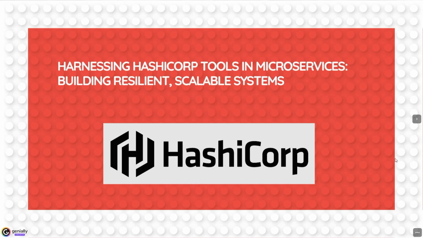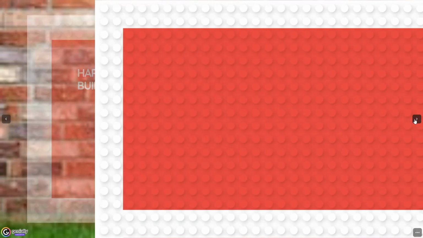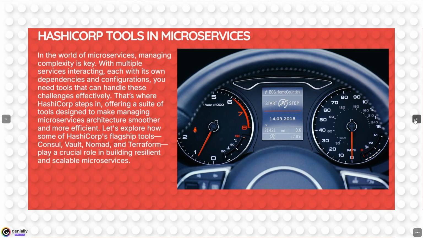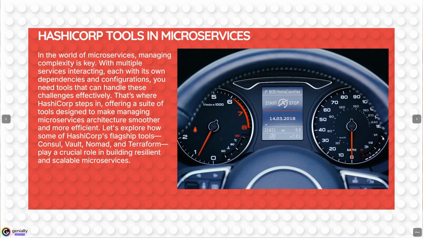In this video, we are going to talk about HashiCorp in microservices. So let's take a look at HashiCorp tools in microservices. In the world of microservices, managing complexity is key. With multiple services interacting, each with its own dependencies and configurations, you need tools that can handle these challenges effectively.